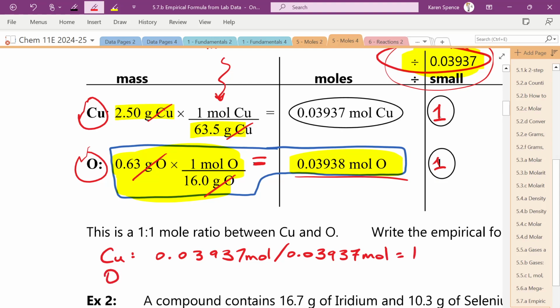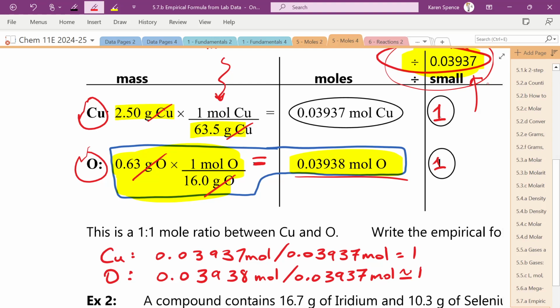Okay, and then you can say oxygen, 0.03938 moles divided by 0.03937 moles is pretty darn close to 1. So you could show it that way, or you could show it up here. Doesn't really matter. And like I said, for a question this simple, you might just say, I know the ratio is 1-to-1. Done. Okay.